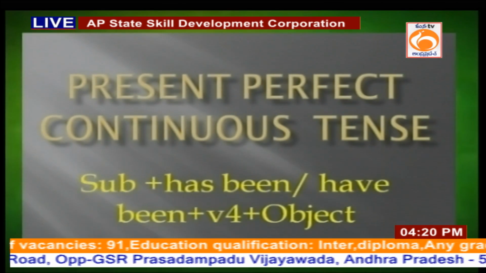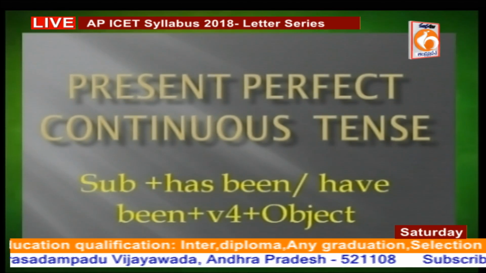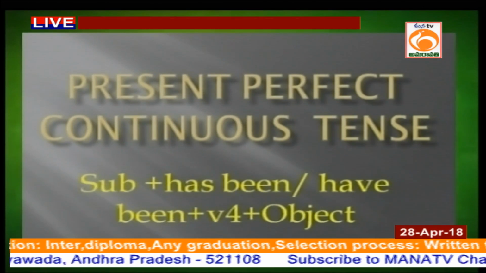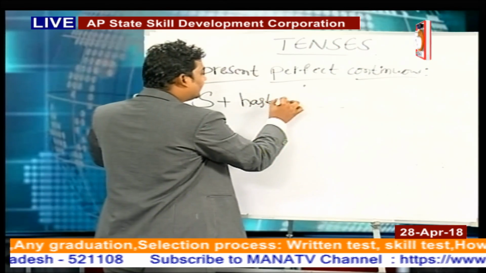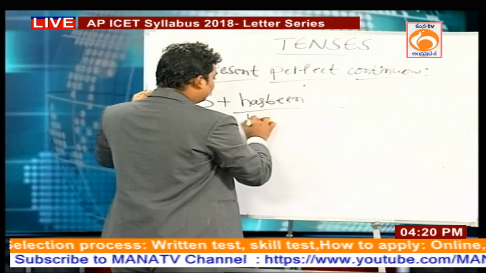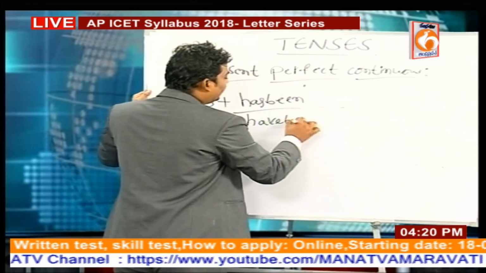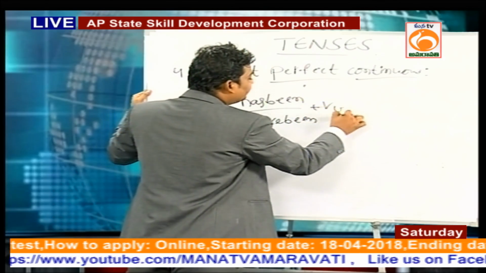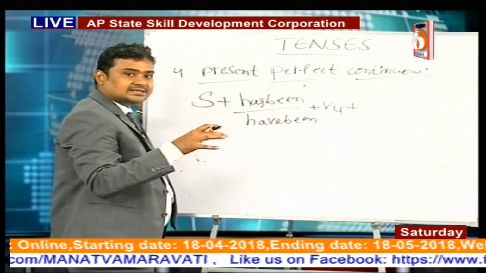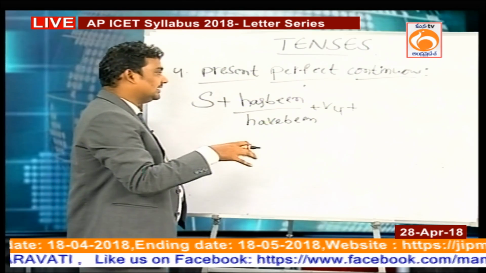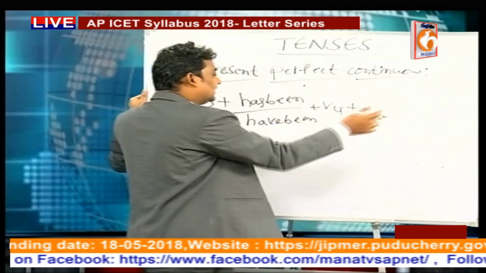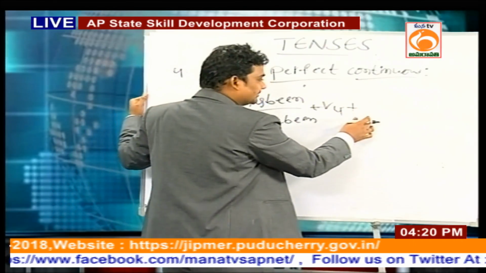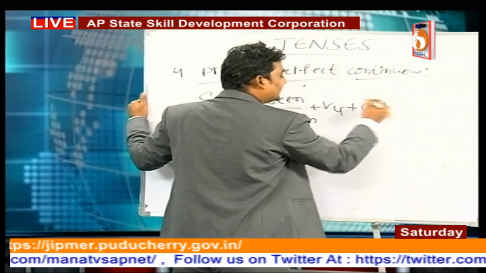You can see here carefully the structure form: subject plus has been or have been plus V4. Here we should mention the object clearly. Why? Because here the object indicates the time, so we must mention the object.